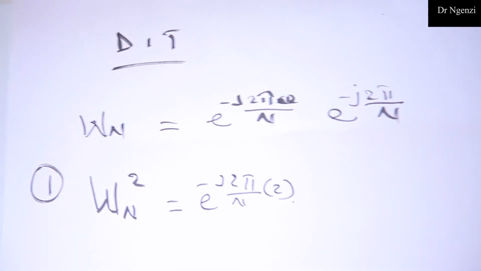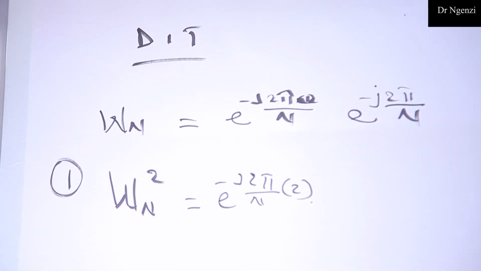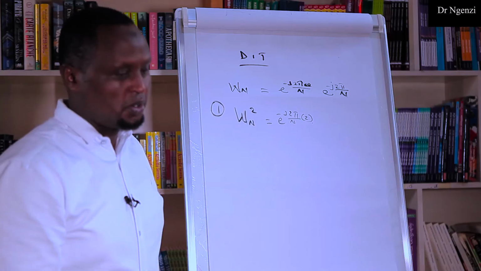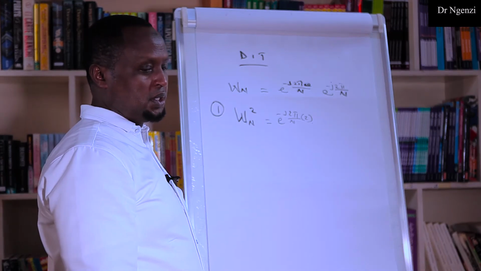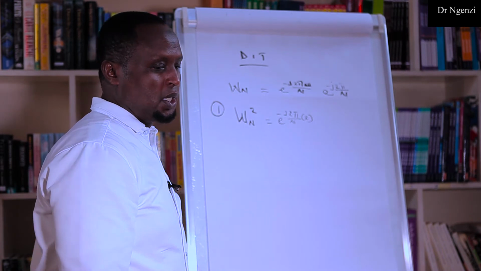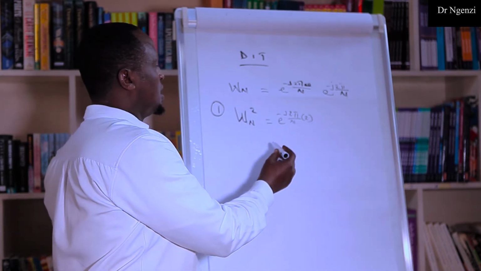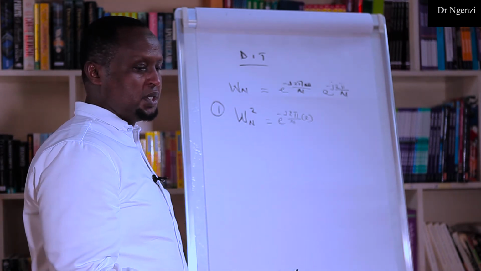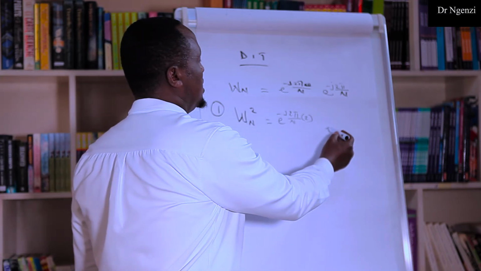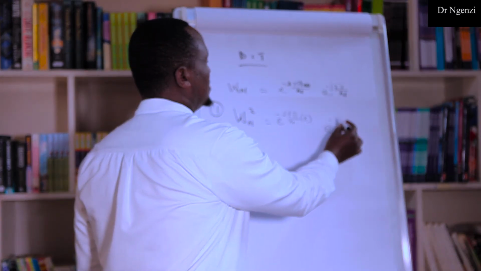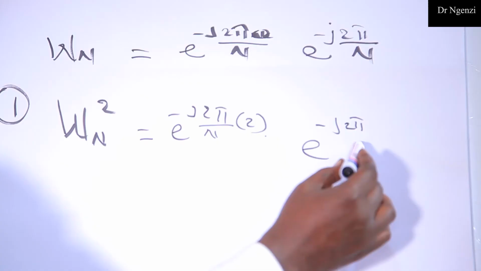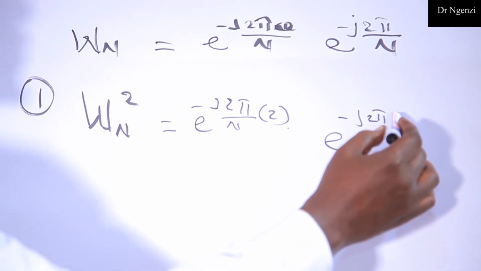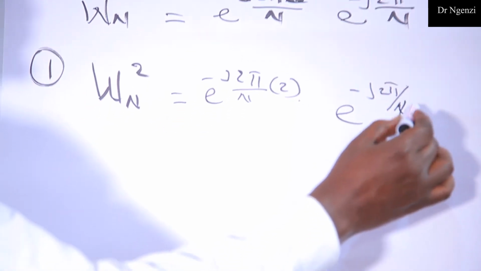This one can also be interpreted as having a certain relationship, whereby e to the j2 pi can be divided, for example, by N over 2.